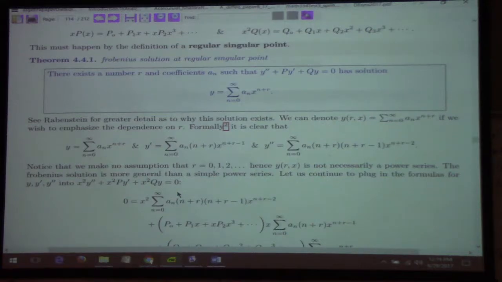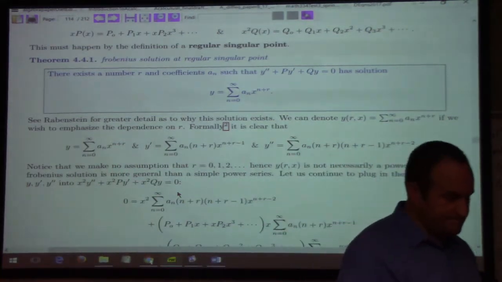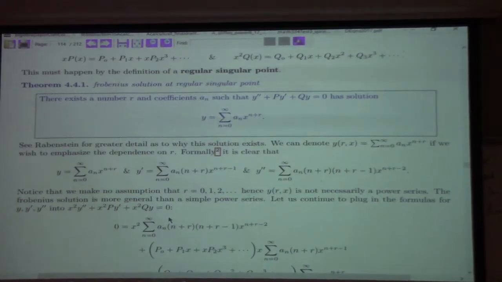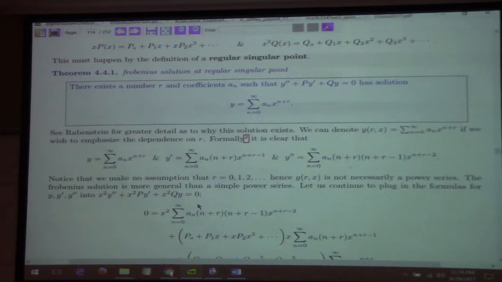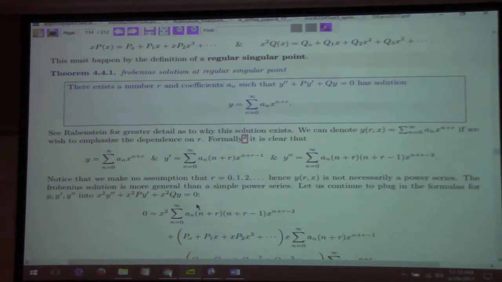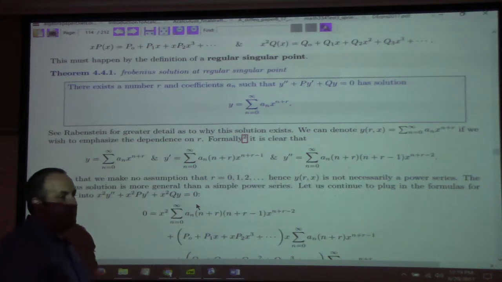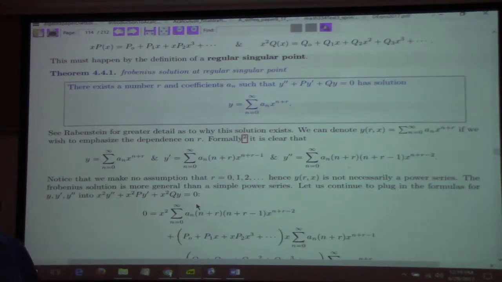Well, that little r, which we called big R at the start of today, what was it? I mean, did it have to be a whole number? No. That r could be a half, it could be 2/3, it could be complex.